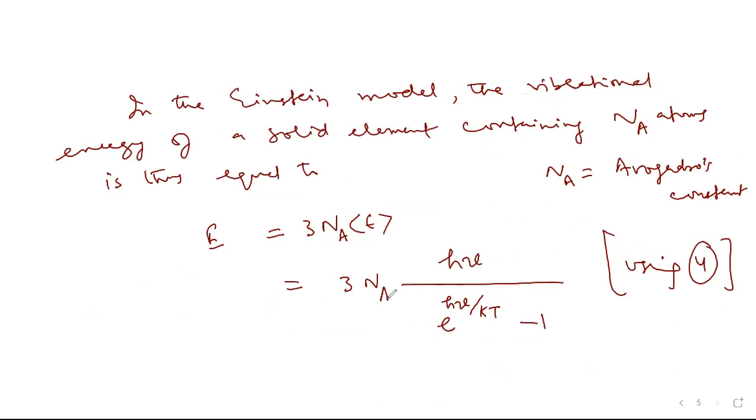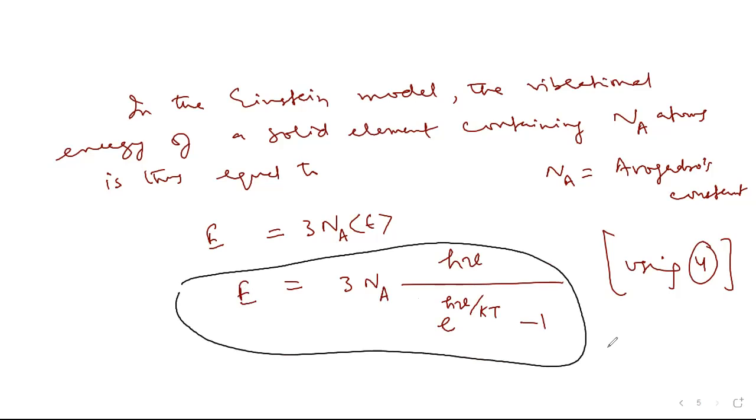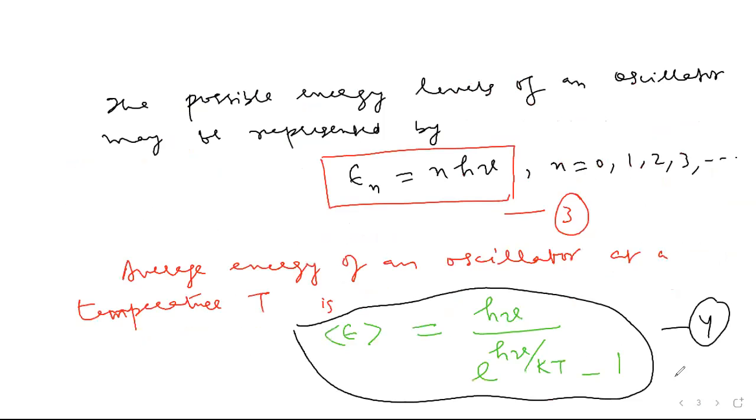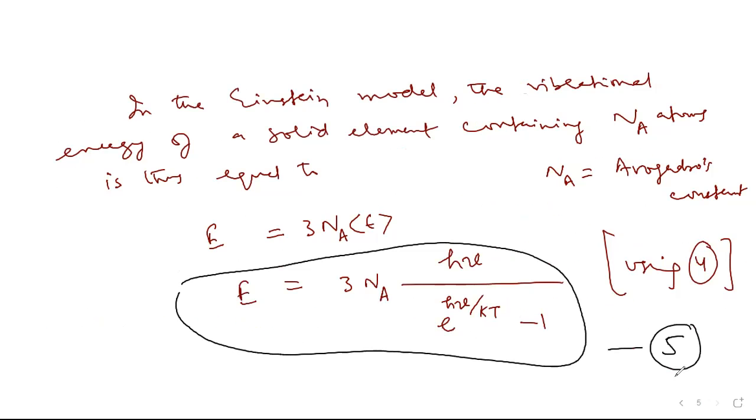This is 3N_A h nu by e raised to the power h nu by kT minus 1. Let me encircle it and name it as equation 5. This is 4. Now this is my equation 5, right?